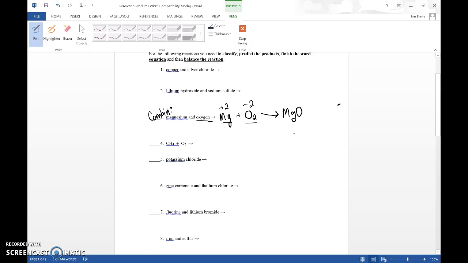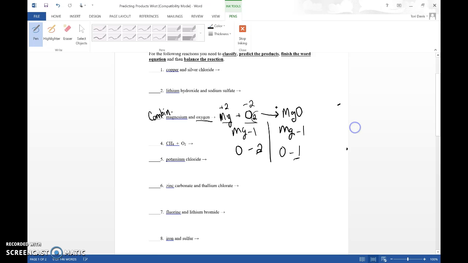Okay, now, is this equation balanced? Alright, so we've got magnesium, we've got oxygen, we've got magnesium, we've got oxygen. We have two oxygens here. We've got 1 and 1. So we can see right away oxygen is not balanced.